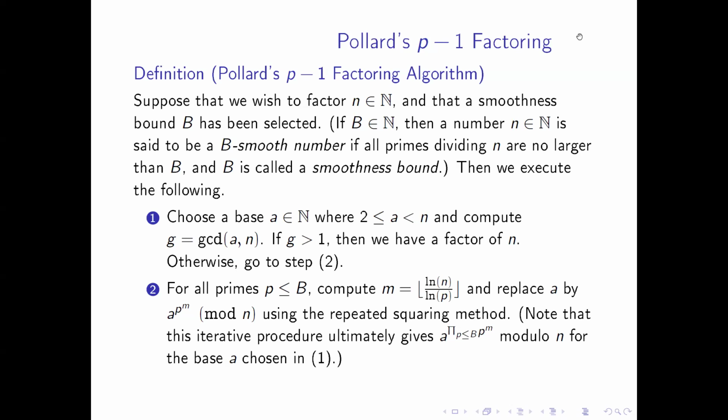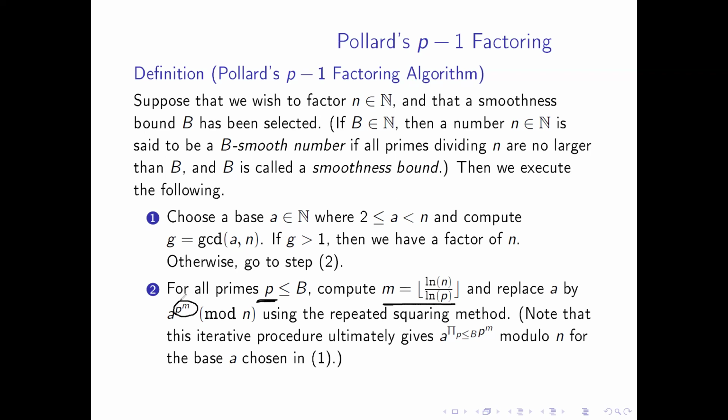So you can kind of see that again. We pick a p value, a prime number that's smaller than b. Then we compute the natural log of n divided by the natural log of p, rounded down. Then a, remember a was our original value we just picked, we're going to swap that out.